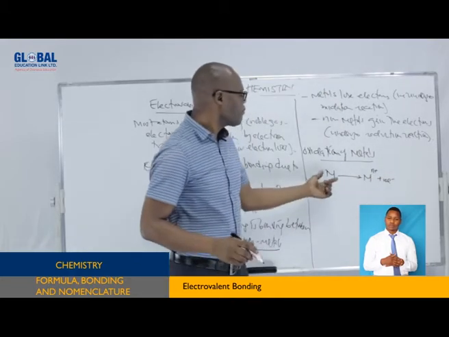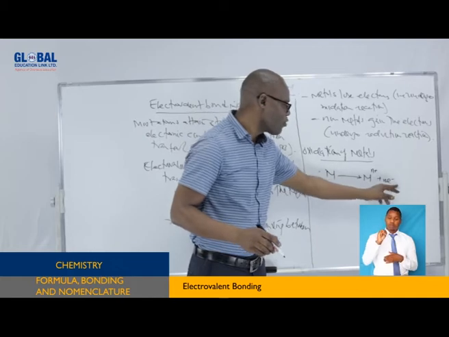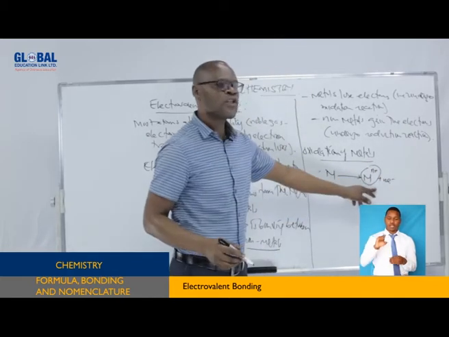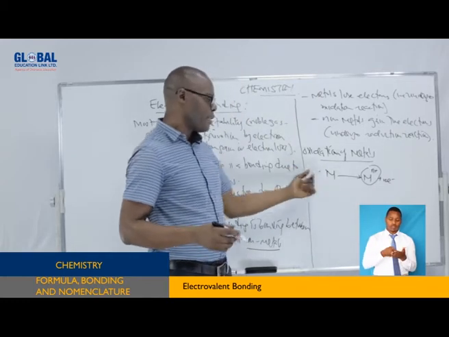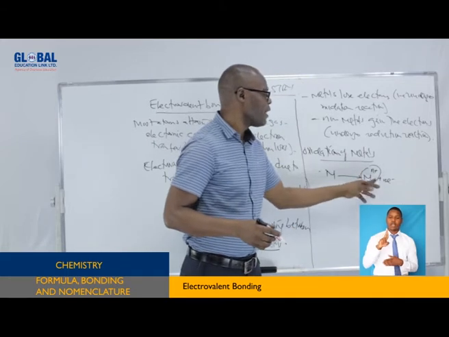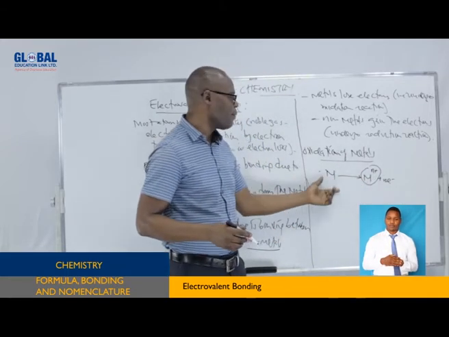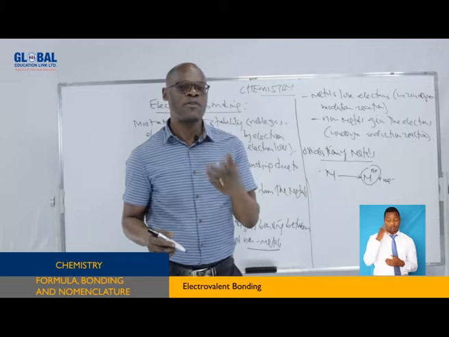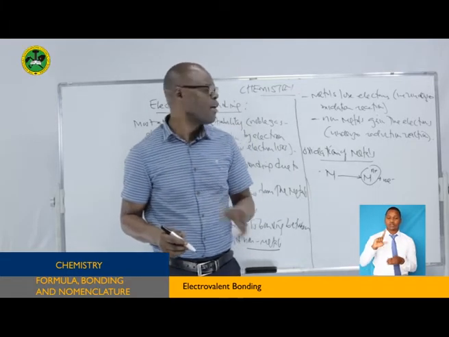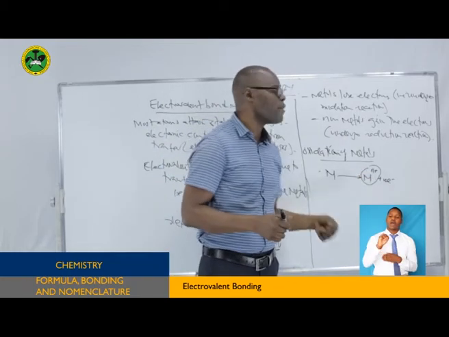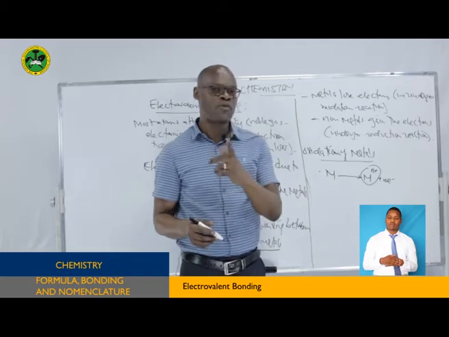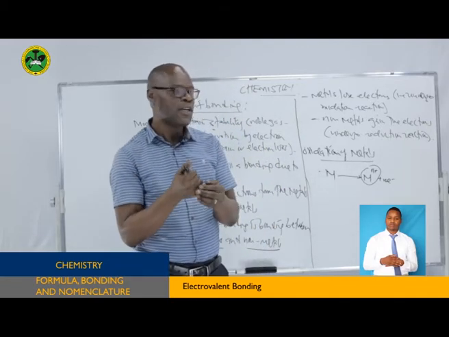It means this metal loses n electrons to form this ion. This is what is called an oxidation reaction. So M, an atom, loses n electrons to become M^n+. Now this is an ion of M. It means that when an atom loses electrons, it becomes an ion. It does not remain an atom again. Now this ion, which is positively charged, is the one that is going to bond with the ion of the nonmetal to form a bond, which is called an ionic bond.